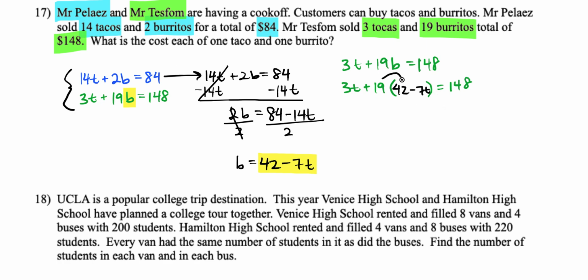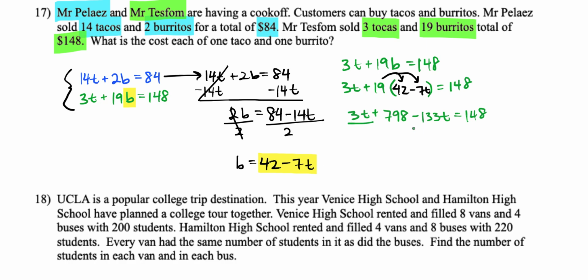Then I'm going to distribute that 19 into both of the terms on the inside. I'm left with 3t plus 19 times 42, which is 798, which I did on my calculator, not in my head. And then 19 times 7, which is 133t, is equal to 148.